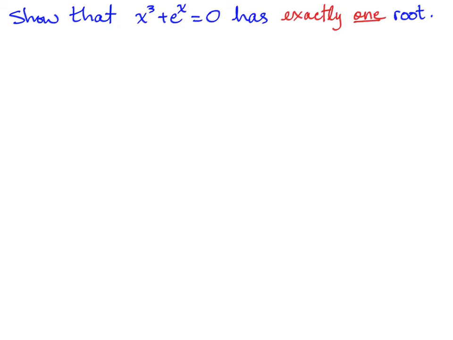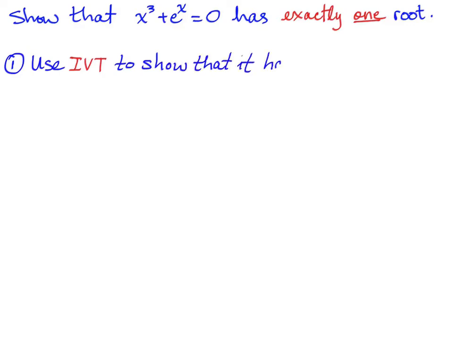So in this proof, we're going to prove that something has exactly one root. There are two steps. The first step is to do what we did before, use the intermediate value theorem to show that this equation has at least one root.